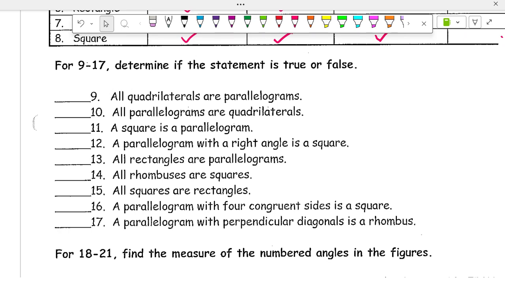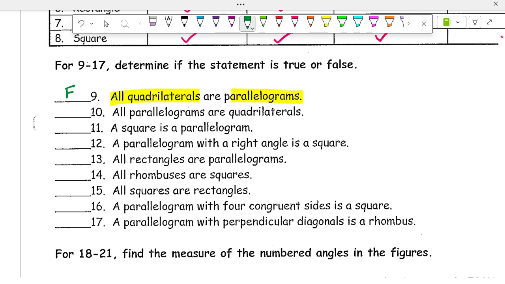Because it's saying that all quadrilaterals have to be a parallelogram. What's a counterexample that makes that false? An isosceles trapezoid. An isosceles trapezoid is not always a parallelogram. What makes it a parallelogram is two sets of parallel sides. An isosceles trapezoid just has to have one.